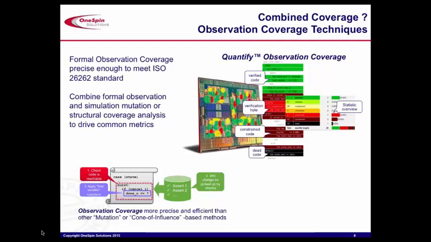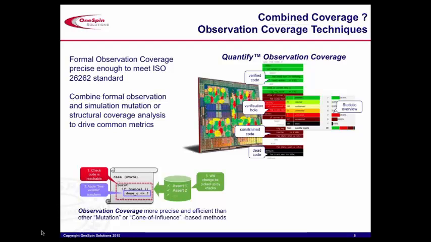So the idea is essentially you change part of the design in some manner, and if you've got a very well-covered verification environment, theoretically, the environment should pick up that change as a possible fault. And there's a number of reasons why it might not, and any one of those reasons would be something you need to know about as you're doing the verification.